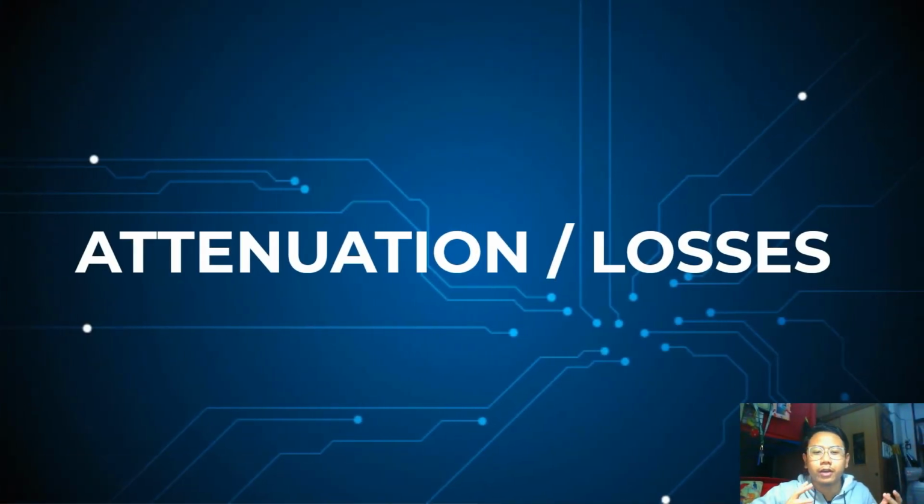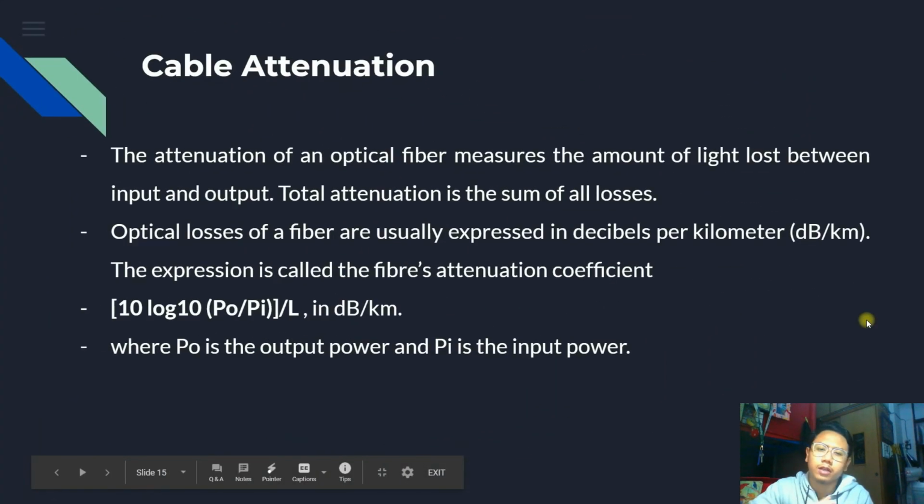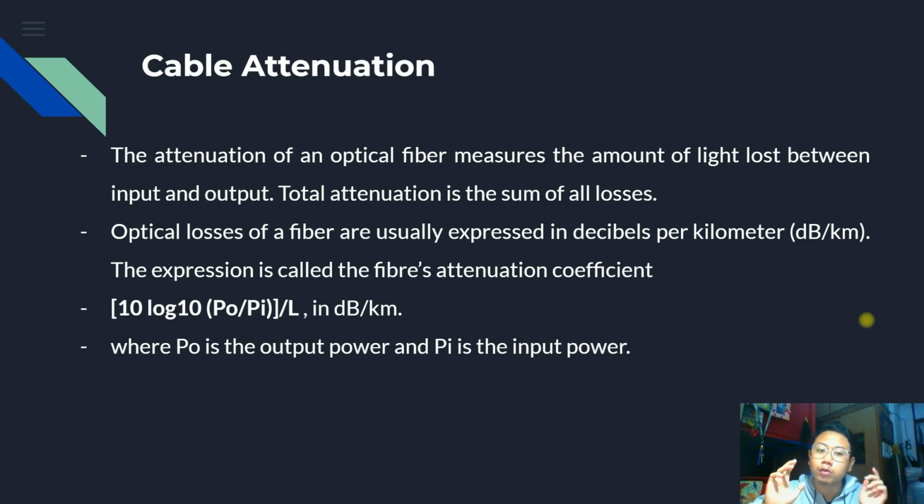Alright, next is attenuation and losses in fiber optic cable. Cable attenuation: the attenuation of an optical fiber measures the amount of light loss between input and output. Total attenuation is the sum of all losses.